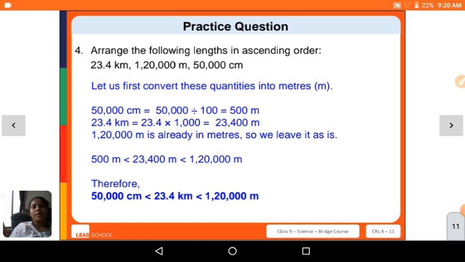And 23.4 kilometer, for kilometer to meter we multiply it by 1000. So 23,400 meter. Now we can arrange this in ascending order, right? So this is the answer. Write all this practice question in your notebook.